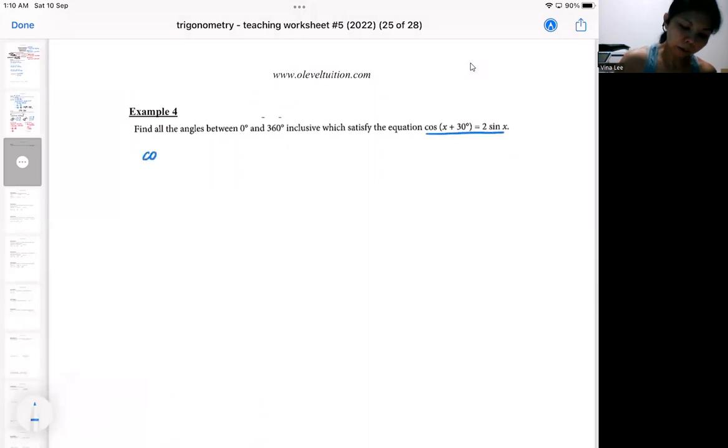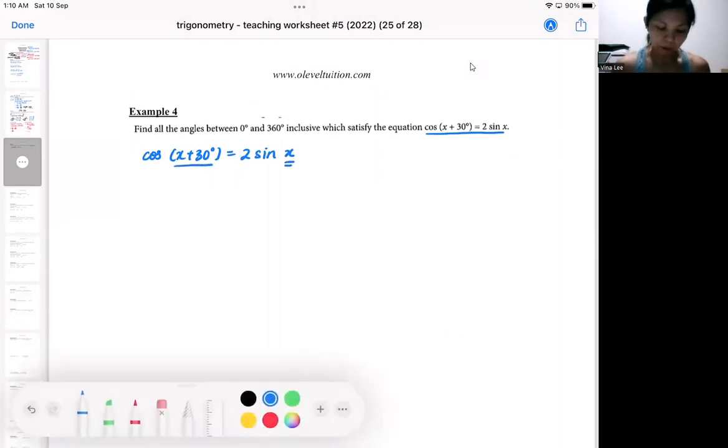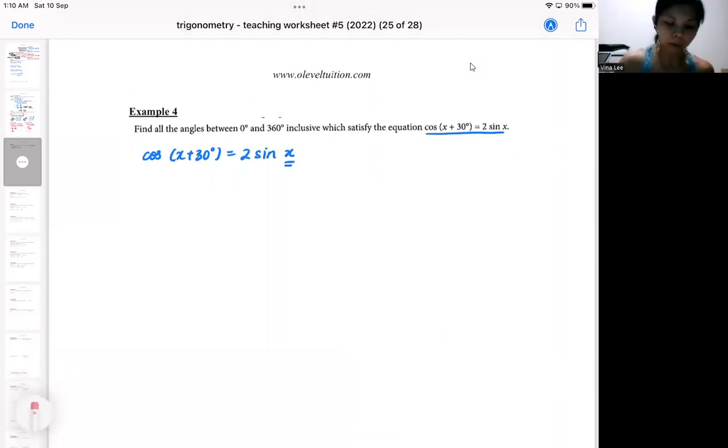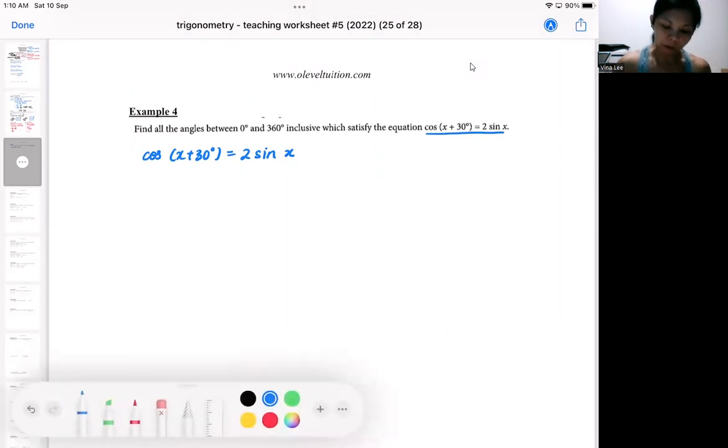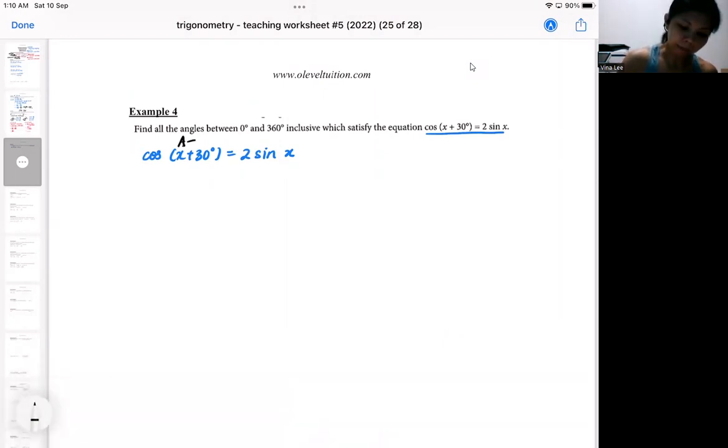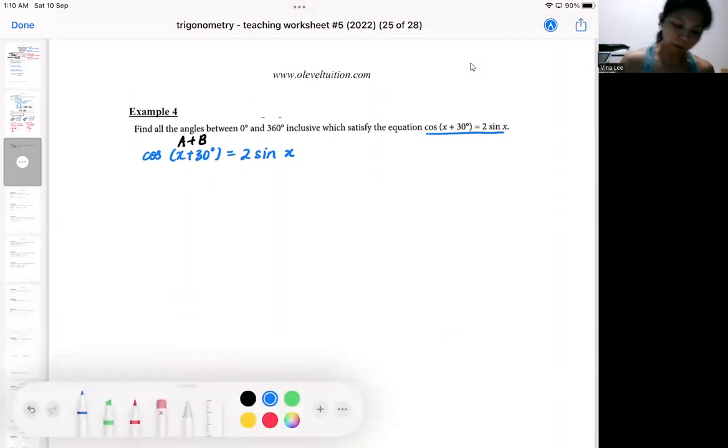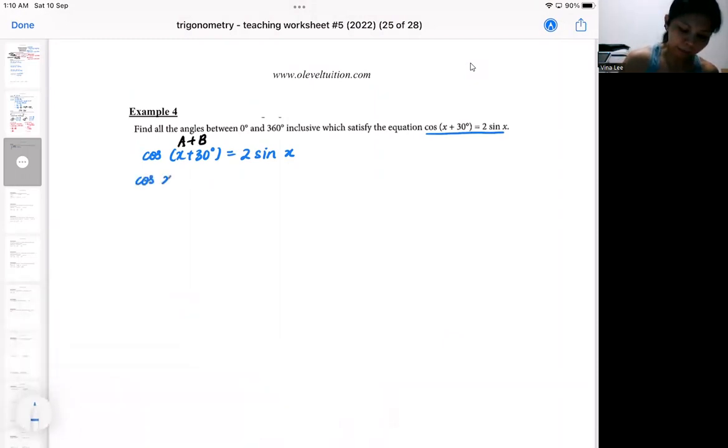If you take a look at this question, the angles are both different. One is dealing with sine x, one is dealing with x plus 30. That is a hint that you should be using your cosine A plus B. So you got to apply your cosine A plus B: cos, cos minus sine, sine.